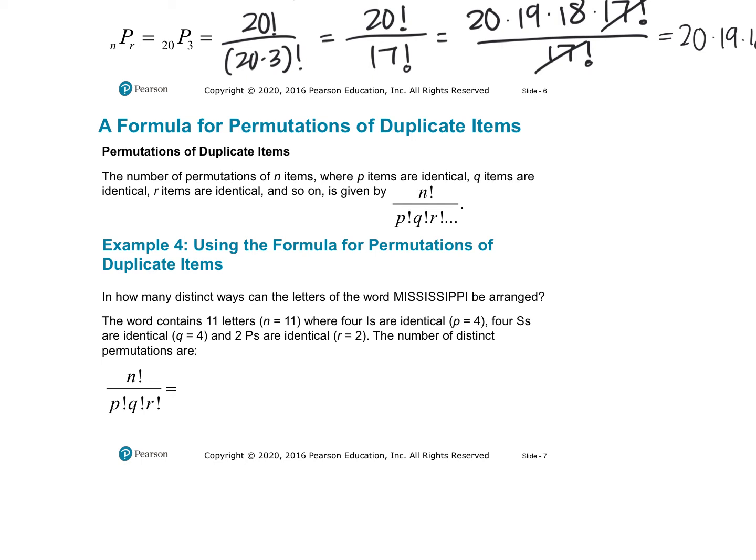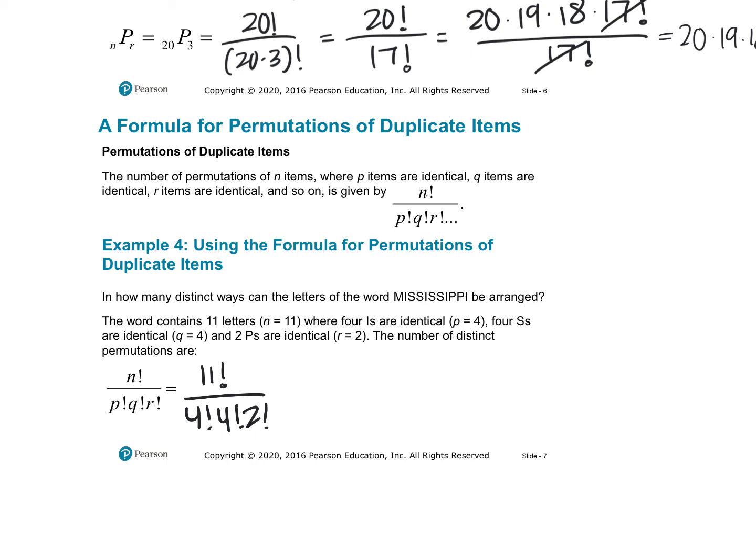There are 4 identical I's, so p equals 4, 4 S's are identical, so q equals 4, and 2 P's are identical, so r equals 2. So the number of distinct permutations is n factorial, so 11 factorial, over p factorial, which is 4 factorial, then 4 factorial for q, and then 2 factorial for your r.